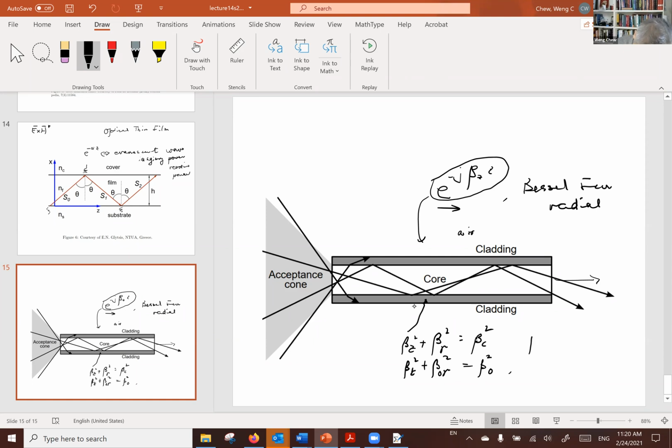And in the core region, you will have beta z squared plus beta core squared. I'm using core and cladding, so I will call this core, and this is cladding.